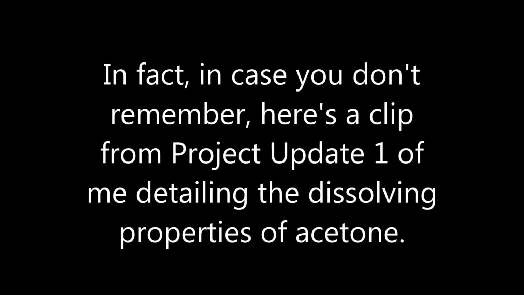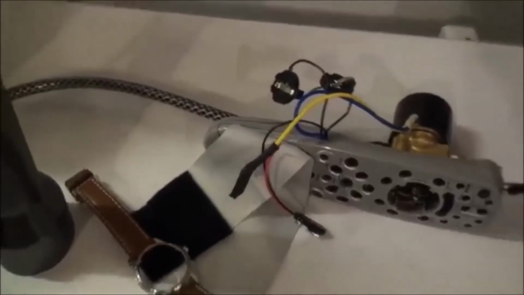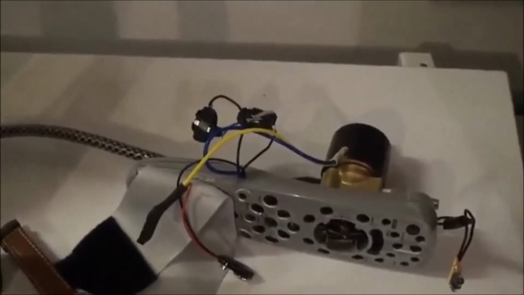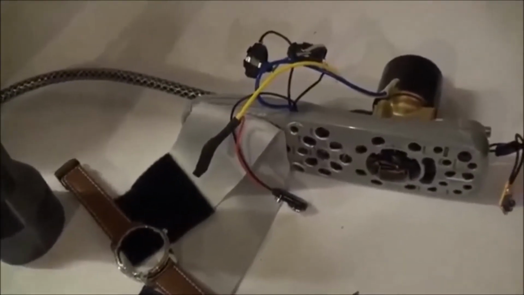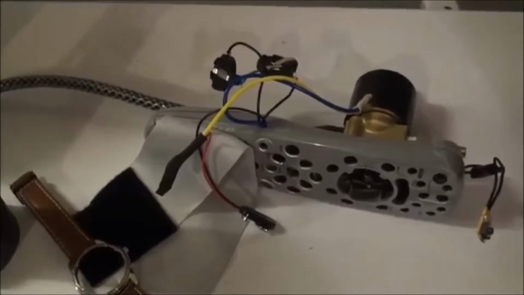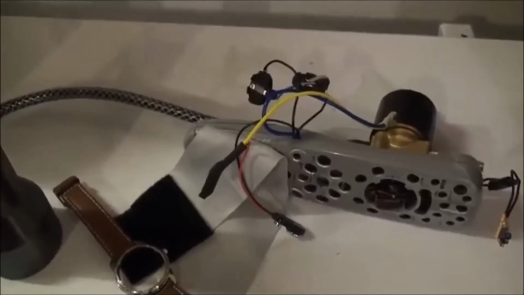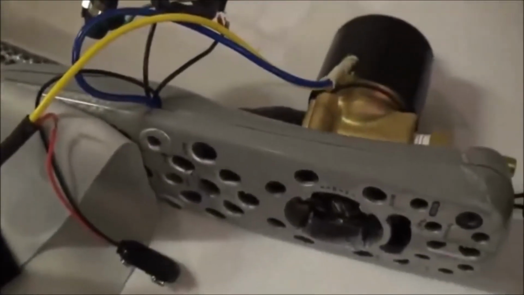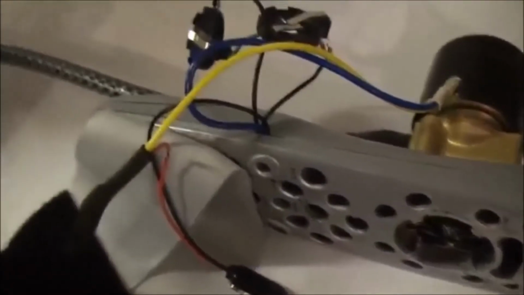polymers. On the forums and everything, I've been talking about how acetone is the ideal solvent because it evaporates quickly and it can pretty much dissolve anything. Now, on the fact of dissolving anything, I decided that I would just take some acetone and put it in this tank and just run it through the shooter to see if it could handle it.